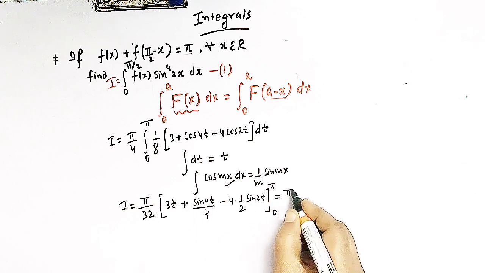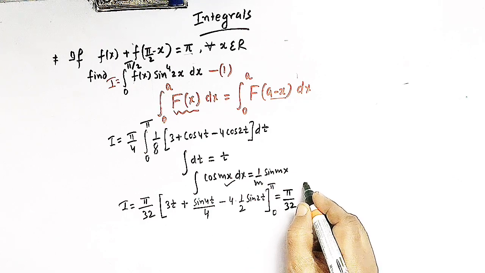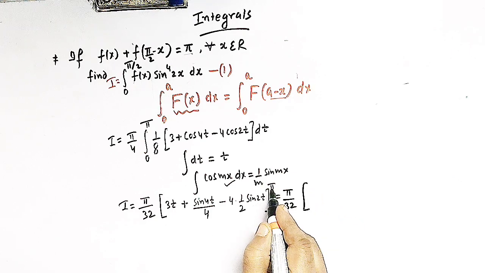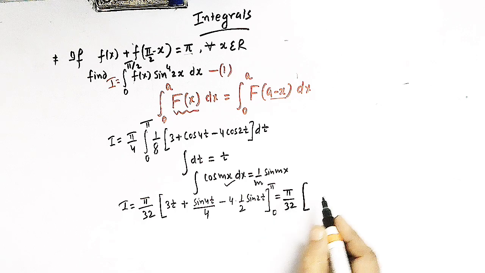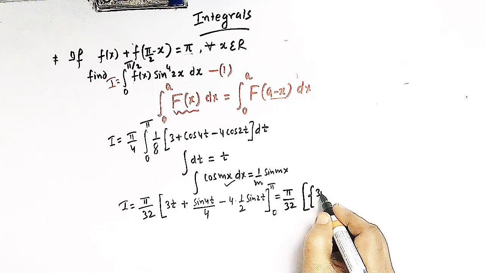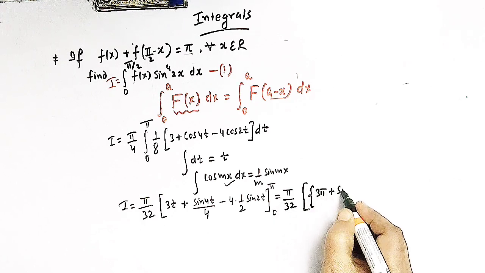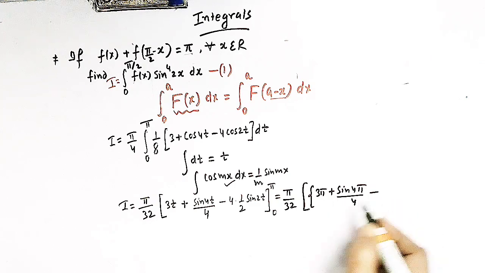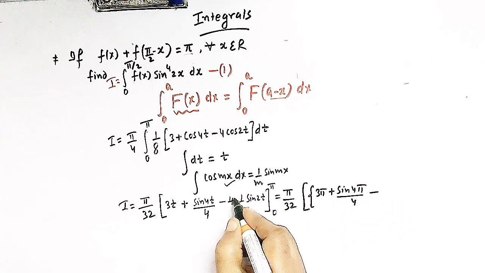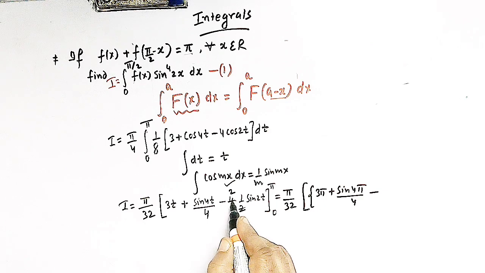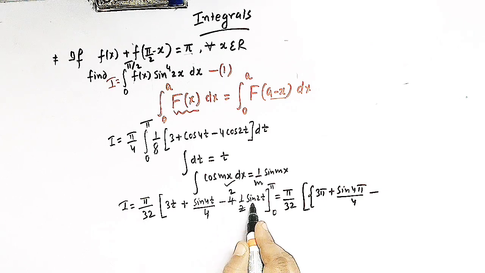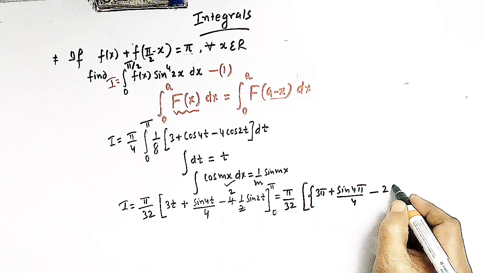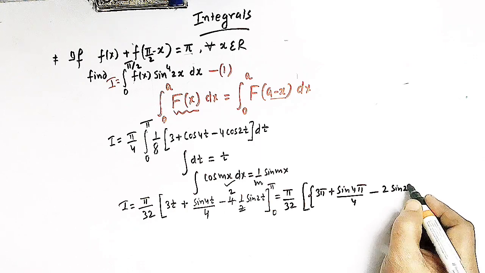So we have pi over 32, and first we'll take t equal to pi in this expression. So we have 3 pi plus sine 4 pi over 4, and here we have 2 times 2 is 4, then 2 sine 2t, so this is 2 sine 2 pi.